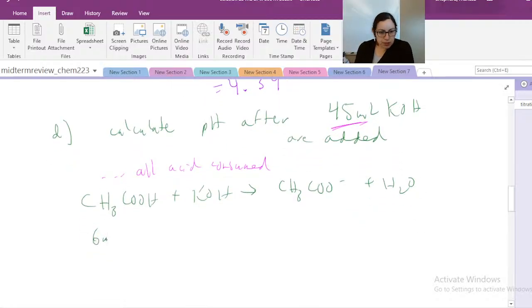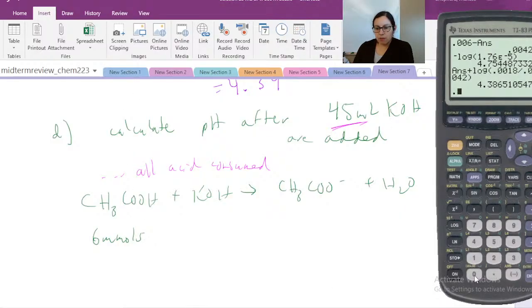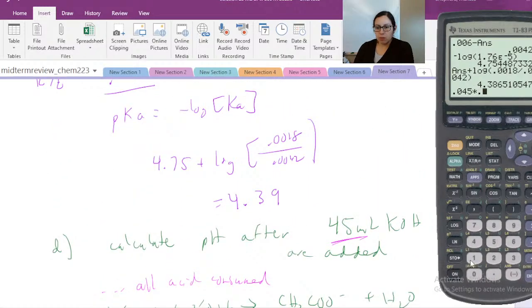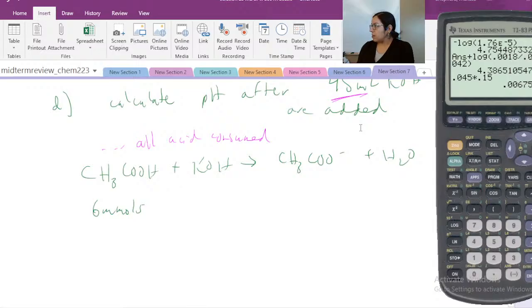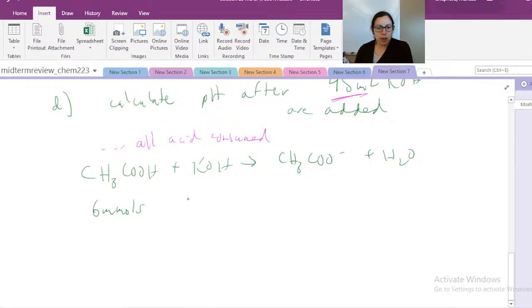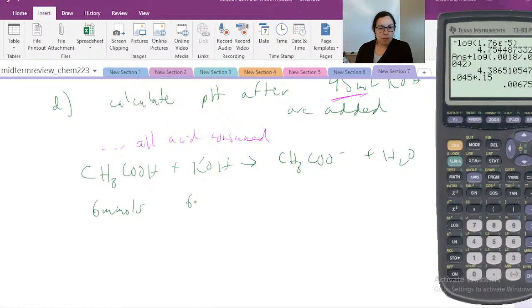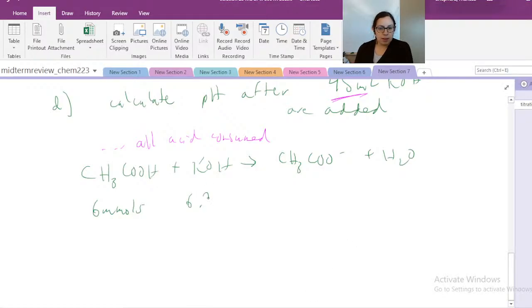And so like I said, we had 6 millimoles. We already calculated that. But then if we have 45 milliliters, it was a 0.15 molar solution. And this is kind of the key, past the equivalence point, now we have more moles of base than acid.